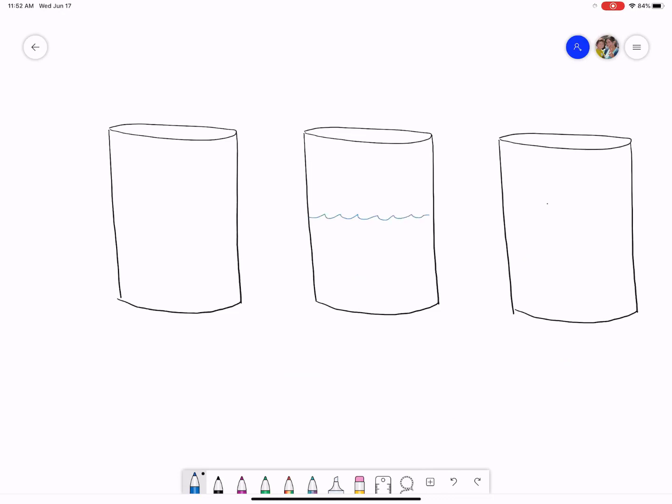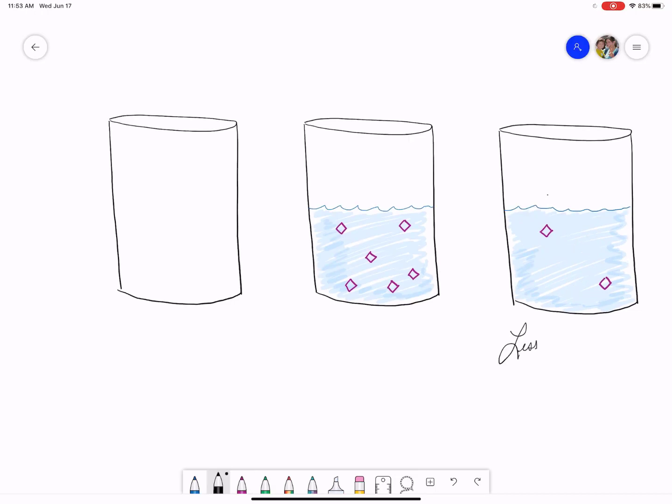Consider that I have a beaker that is half full with water and I'm dissolving substance diamond in it. Who knows what diamond is? And so I have a concentration of diamond. Now let's say that I draw the same beaker with fewer diamonds. You would say, yes, that is a less concentrated substance.